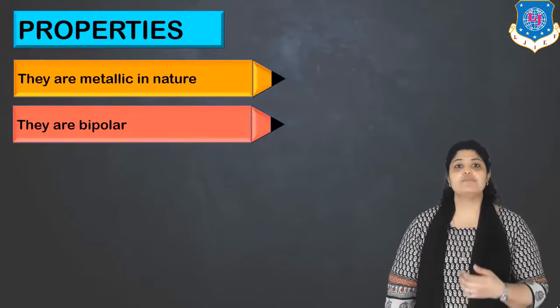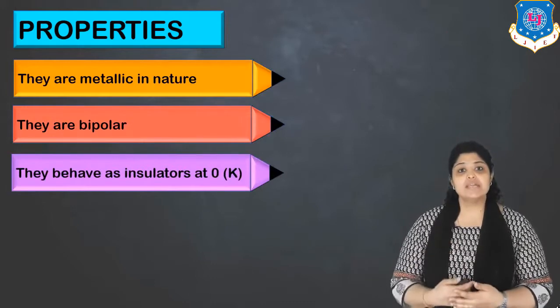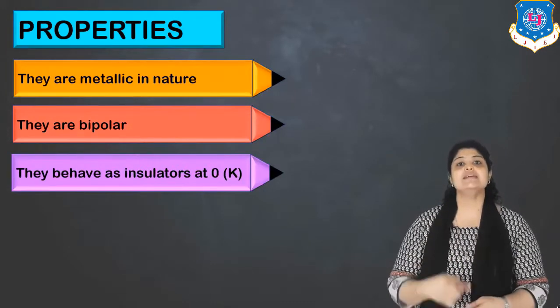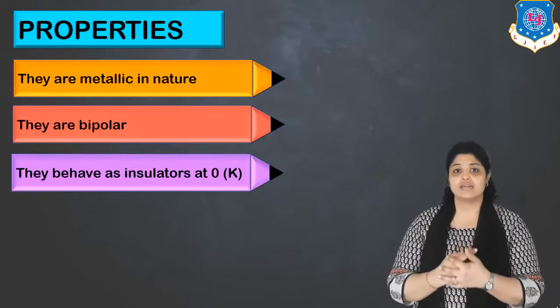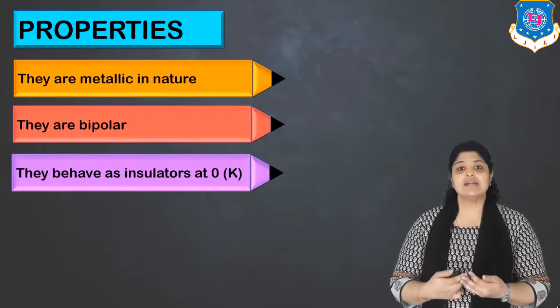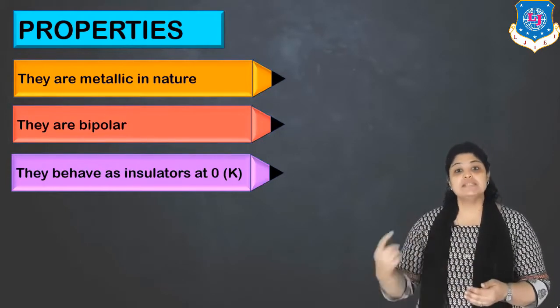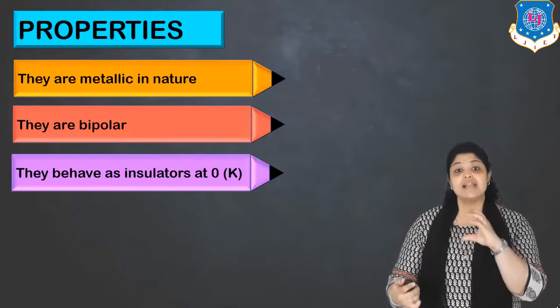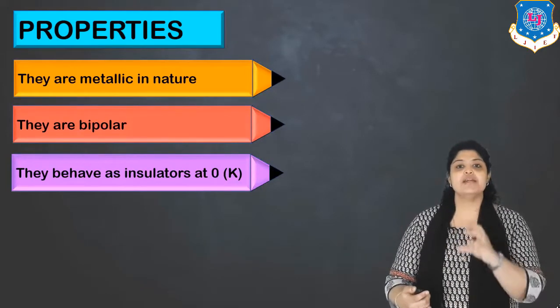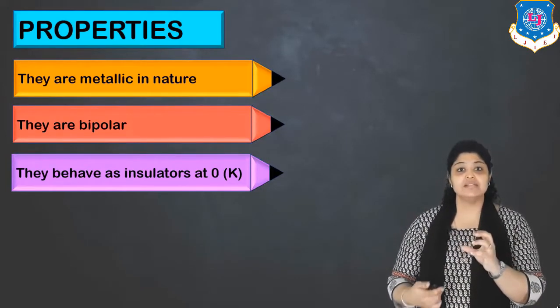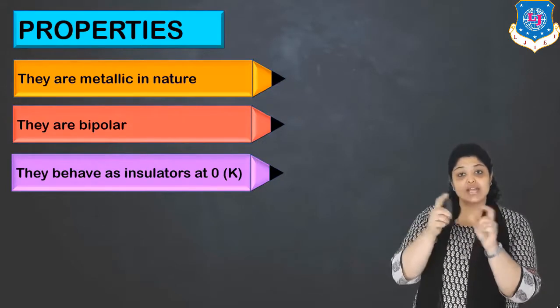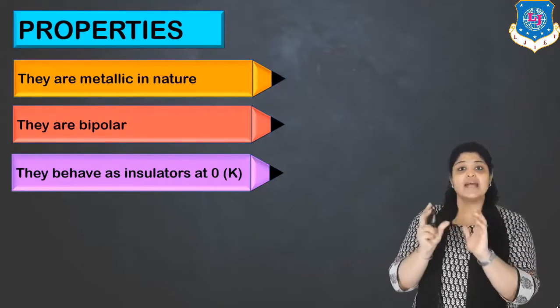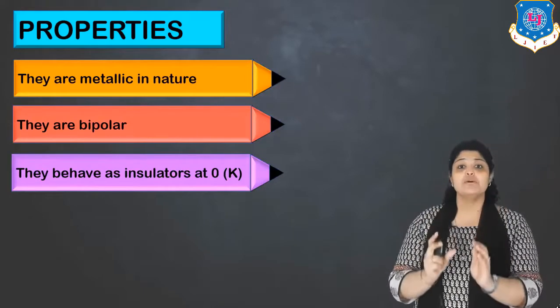Moving on to the next property, semiconductors behave as insulators at 0 Kelvin. Why? Because in semiconductors, at 0 Kelvin temperature, the valence band is completely filled up with electrons. That means the outermost shell, the sharing of electrons among the atoms is done. There are covalent bonds present.